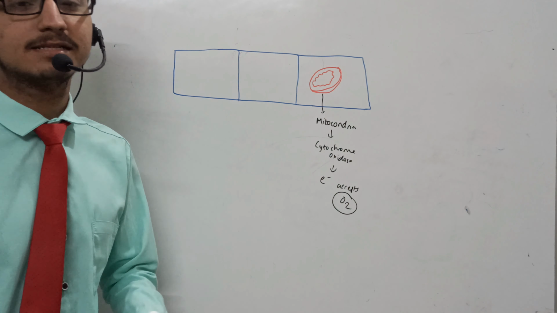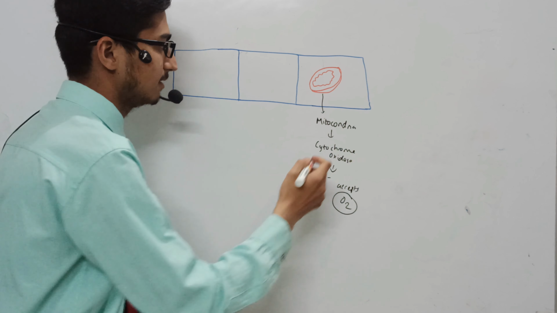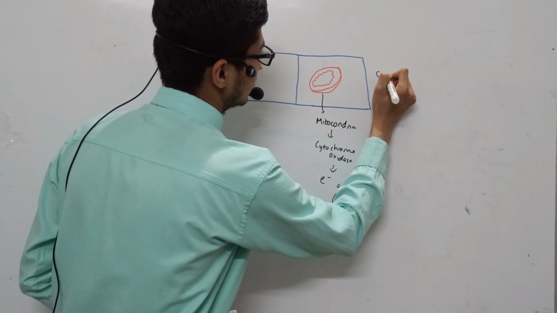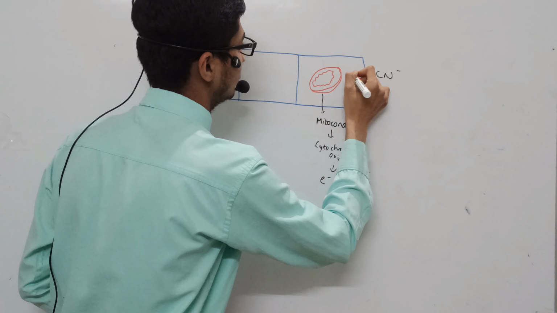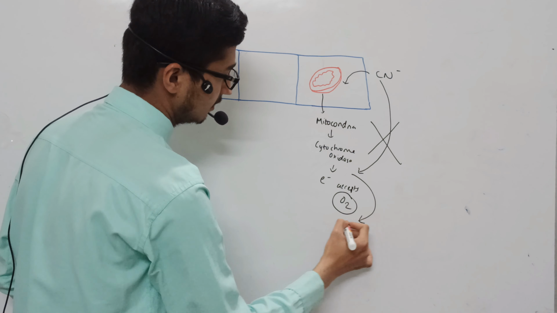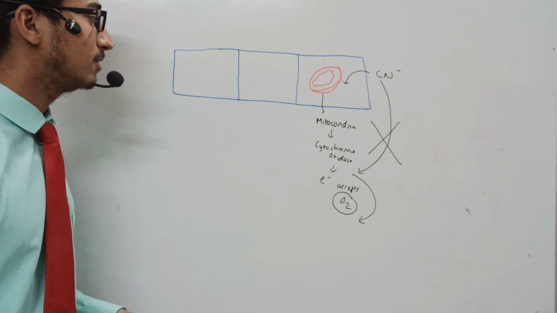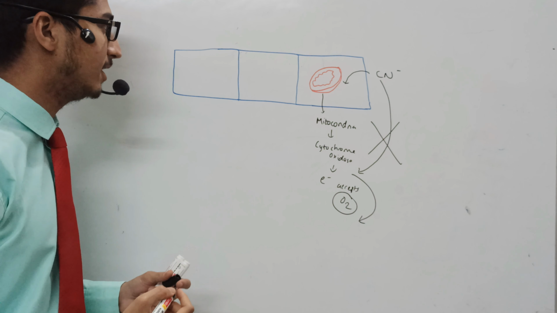But let's take an example of toxicity caused by cyanide. Let's suppose this is cyanide that comes in. It will inhibit this cytochrome oxidase pathway and will not allow the acceptance of oxygen, which will result in decreased production of ATP.